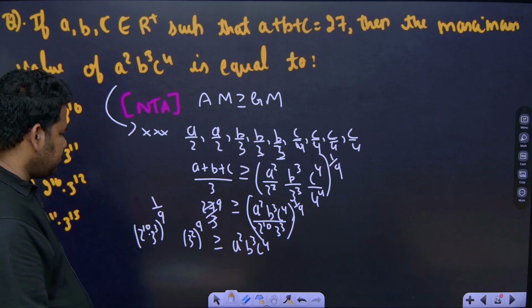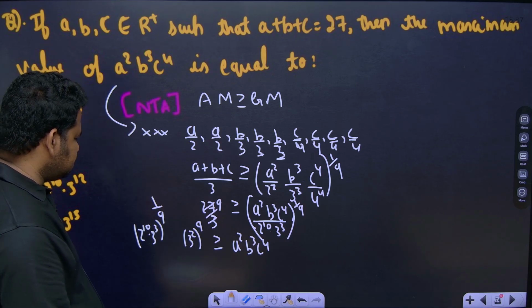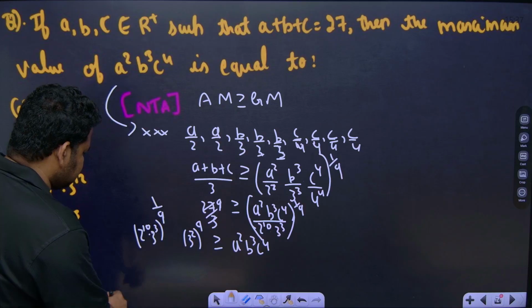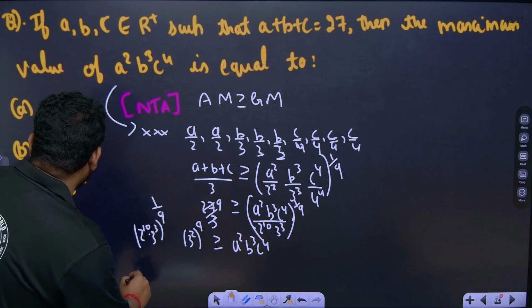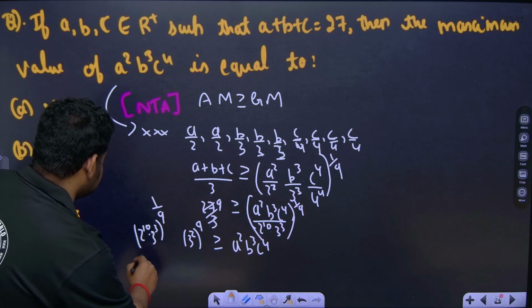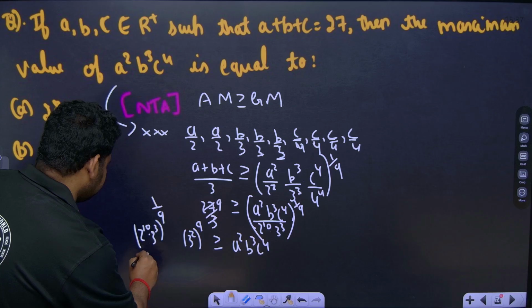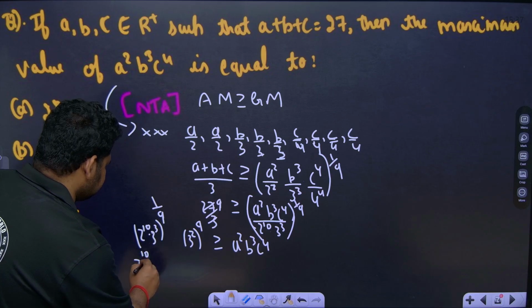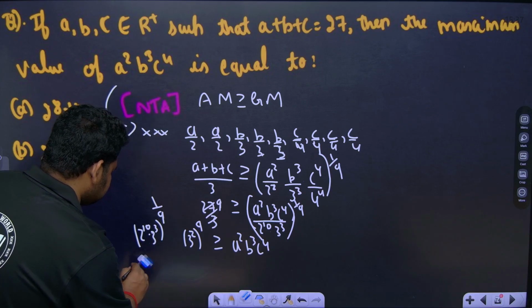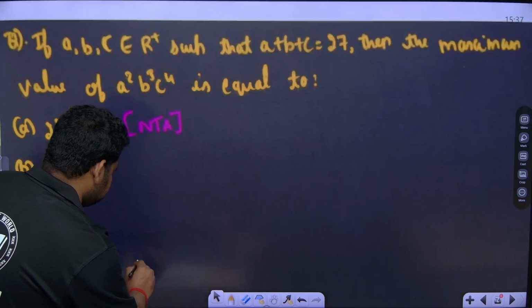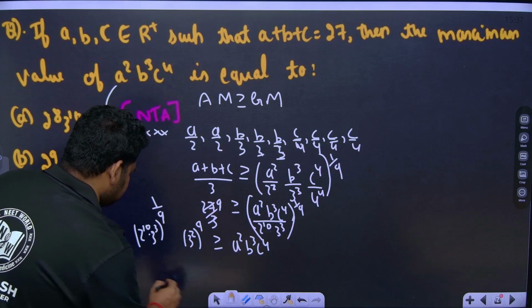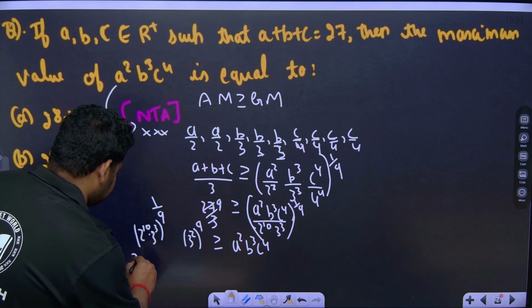I was thinking we can directly multiply. Directly? See, what you can do is, 2 to the power of 10 I can write it as 2 into 2 to the power of 9.